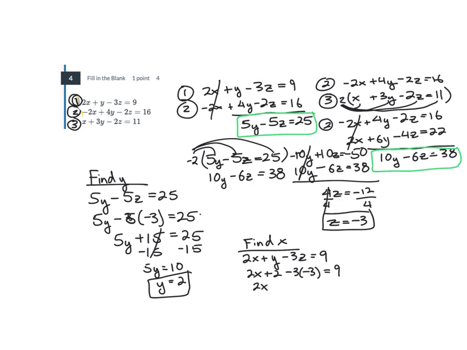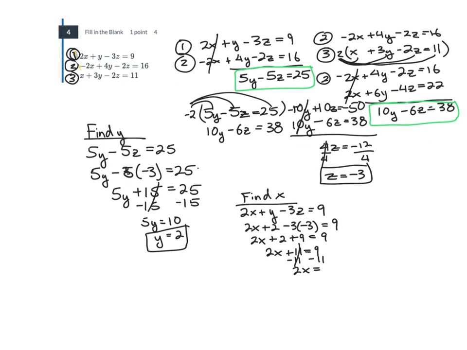So 2x plus 2 plus 9 is equal to 9. So 2x plus 11 is equal to 9. You subtract 11 from both sides of the equal sign. So 2x is equal to negative 2. So therefore x is equal to negative 1. And those are my three solutions.